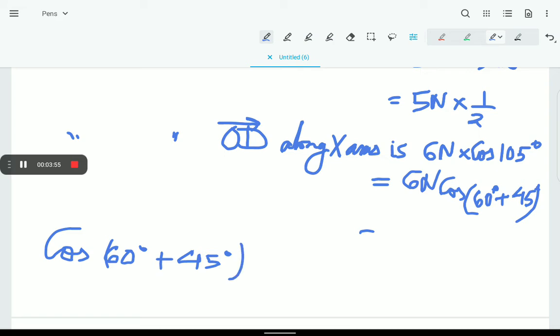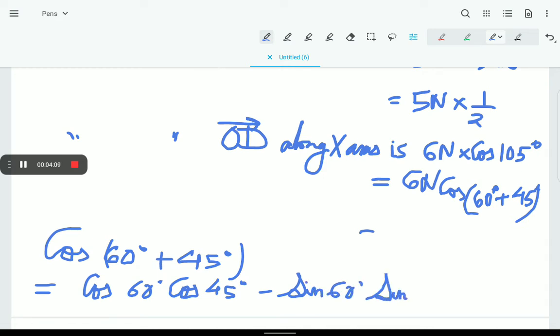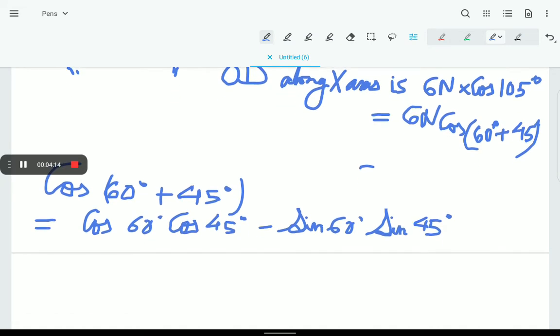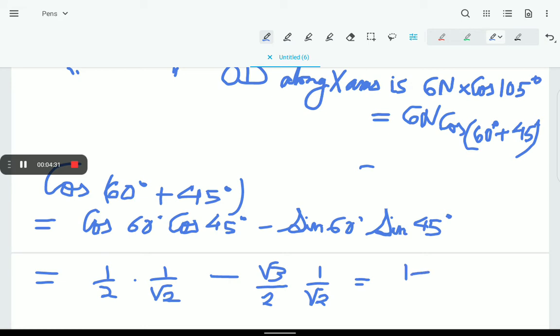You know the formula, cos A plus B equal to cos A cos B minus sin A sin B. That's equal to cos 60 degrees 1 by 2, cos 45 degrees 1 by root 2, sin 60 degrees root 3 by 2, sin 45 degrees 1 by root 2. That's equal to 1 minus root 3 divided by 2 root 2.